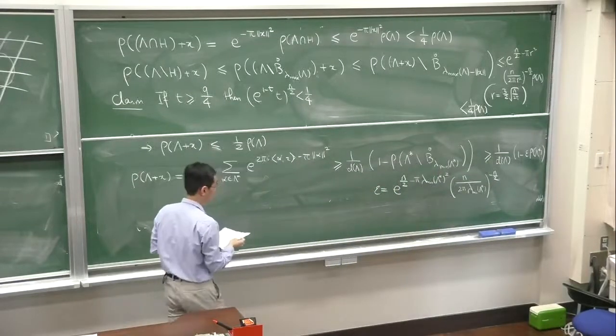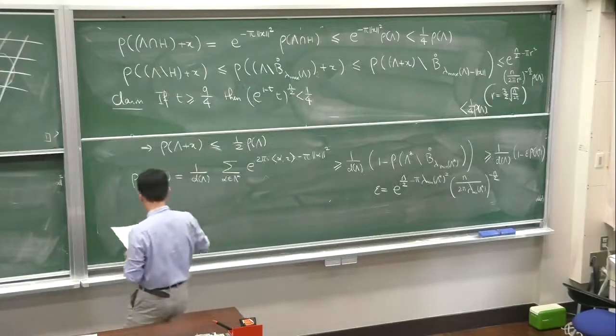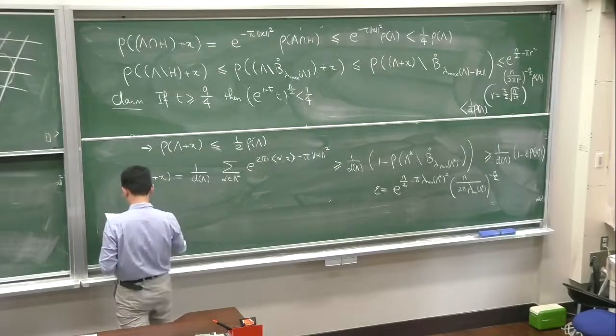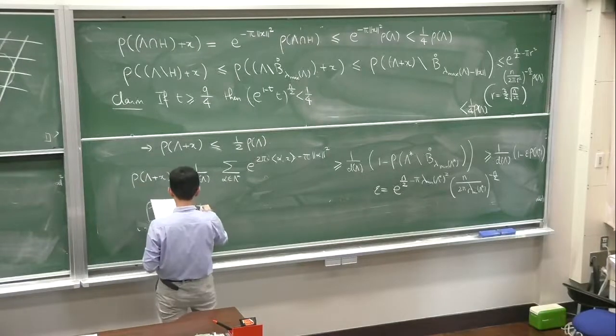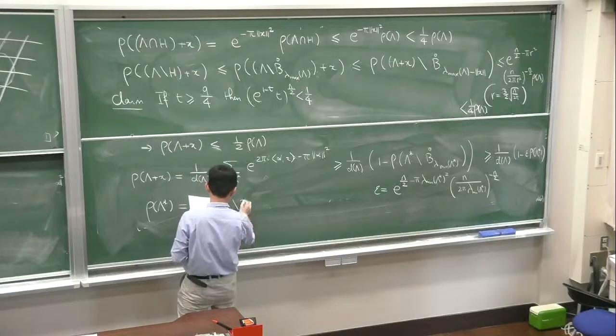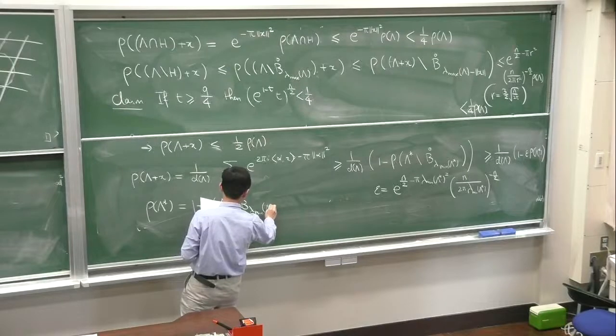I just applied the proposition. So if you put this together, another thing is that rho of lambda star is 1 plus rho of lambda star outside of this lambda min.